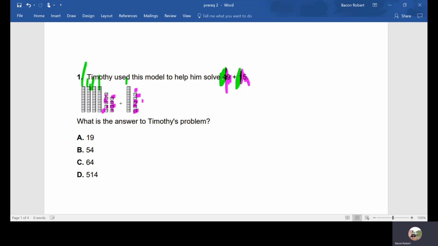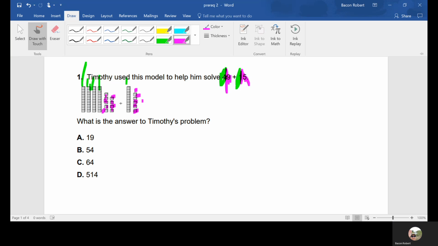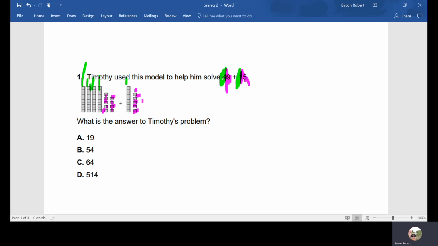So we've been doing this with our counting. And now we're going to start adding up and down. 49 plus 15.